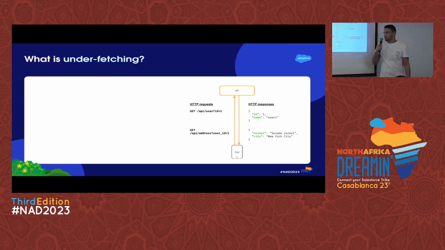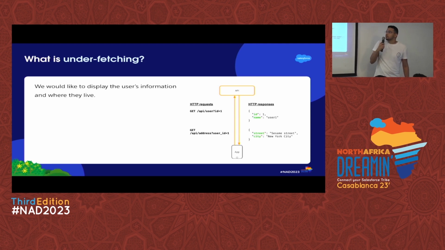So the second problem we're going to talk about with REST API is underfetching. So what's underfetching? Let's take another example here, and let's say that we want to build another component, and we want to display the name, right, of the user and the address. Suppose we have the name and address in 2 different endpoints.